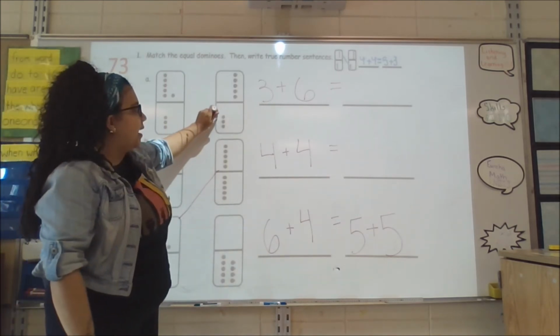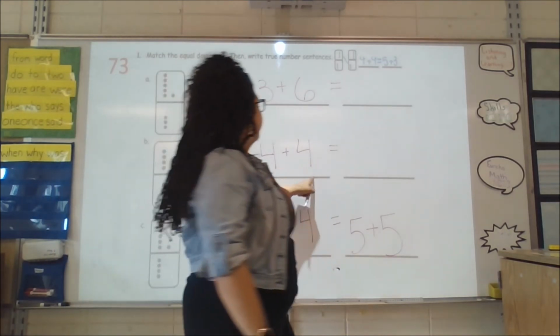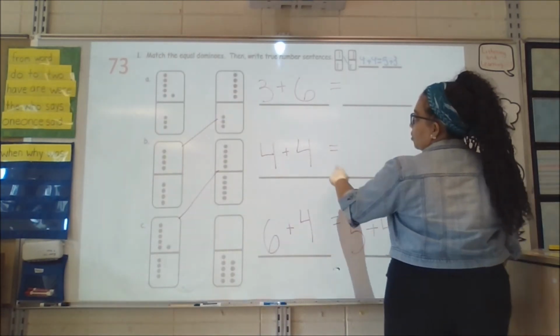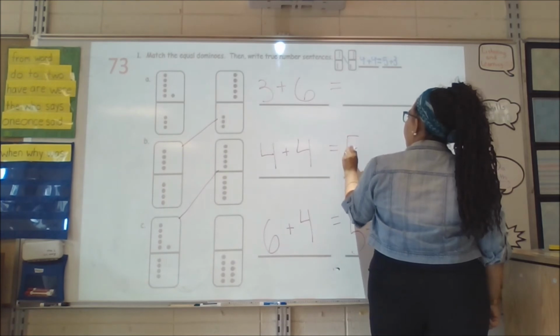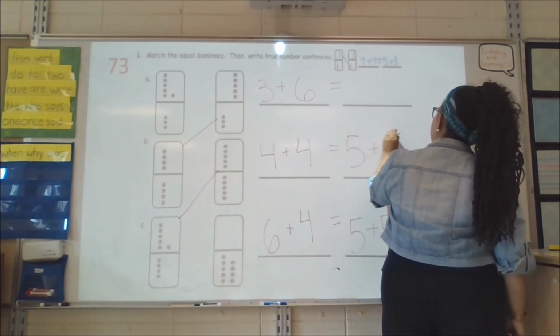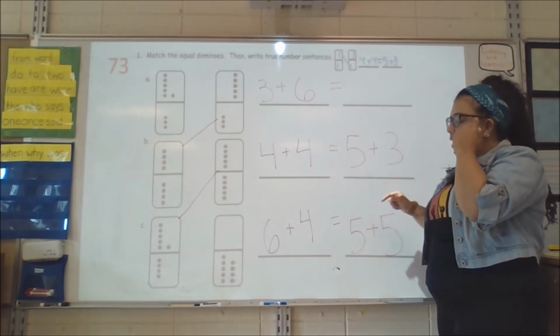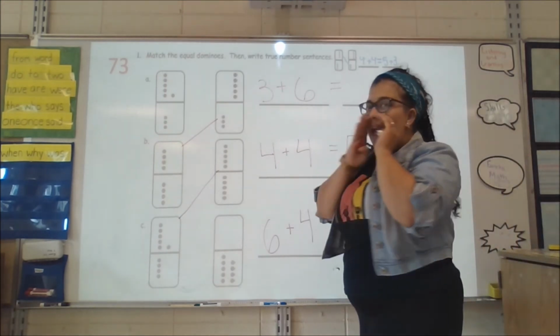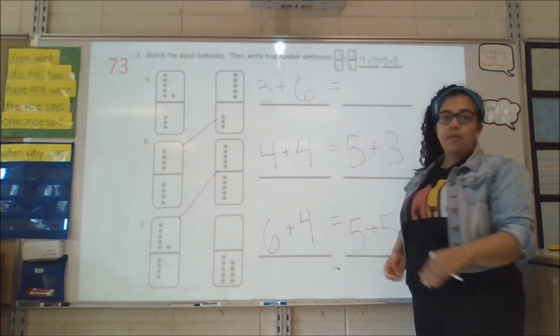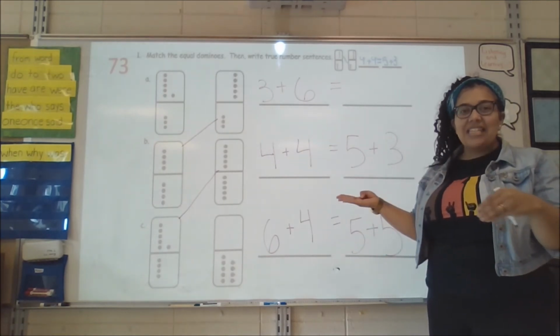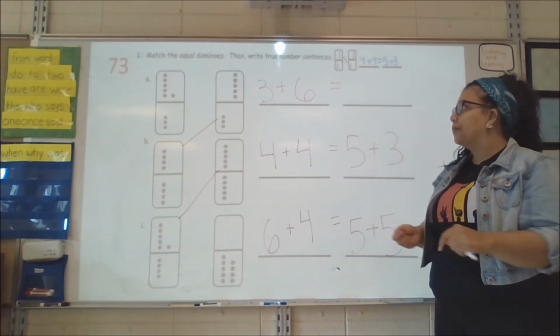The 4 and 4. So 4 plus 4 is equal to these parts, 5 plus 3. 4 plus 4 is equal to 5 plus 3 because 4 plus 4 being 8 and 5 plus 3 being 8. 8 is equal to 8 again.